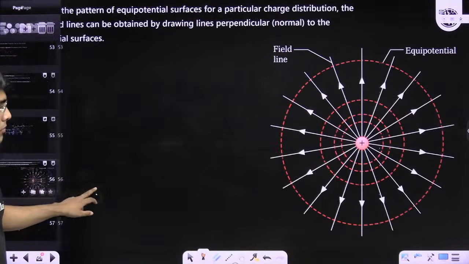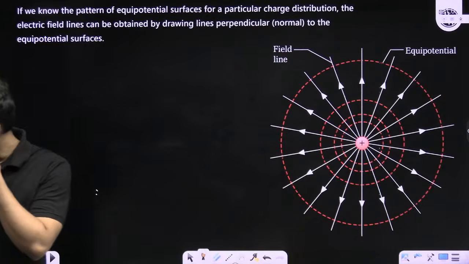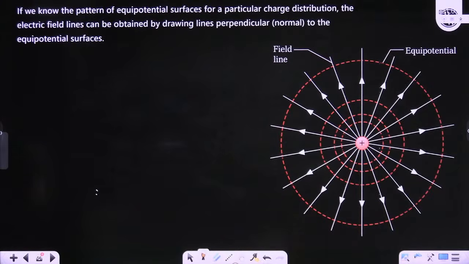So now there is something known as the equipotential surface. Potential due to a dipole, we'll get to that.